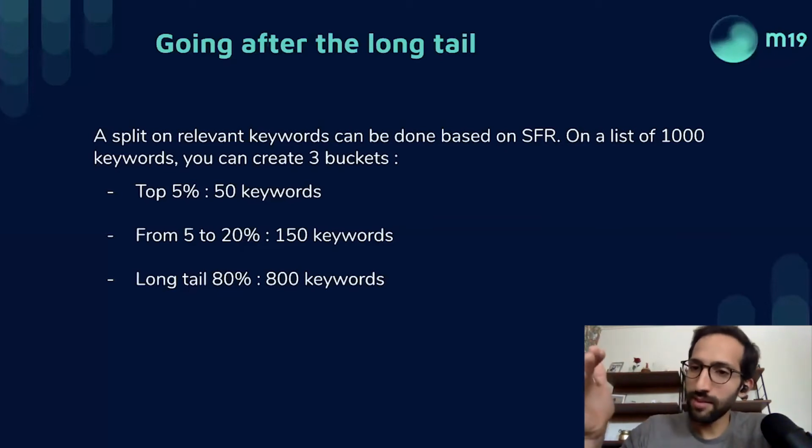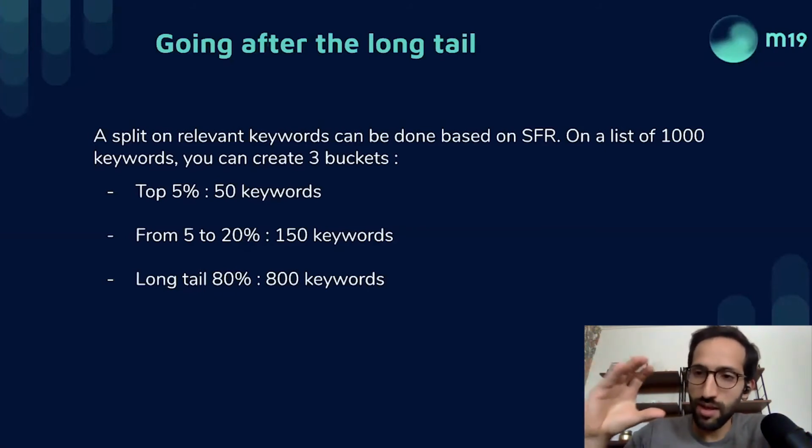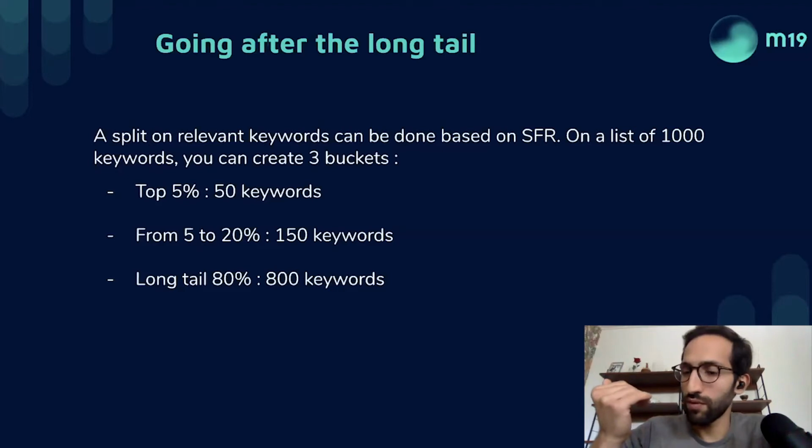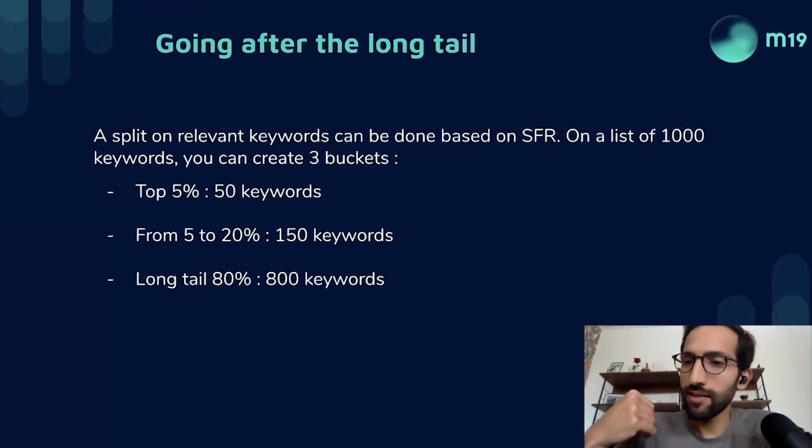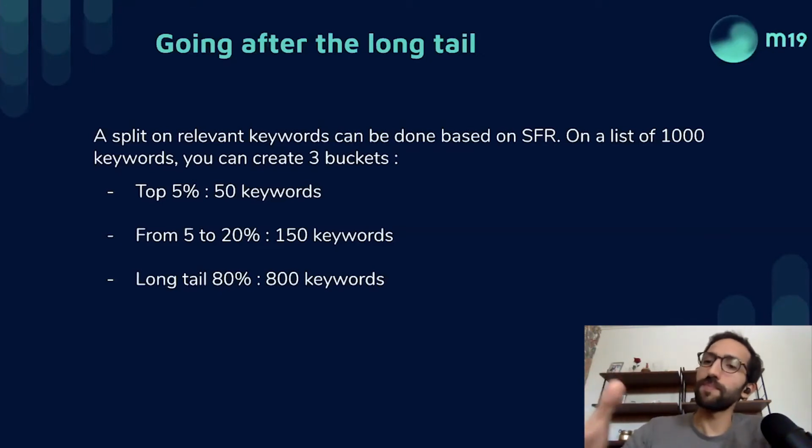Then you split in 3 the list that is sorted by search frequency rank, and you isolate the top 5%. These ones, you just remove them. Then you have the 5 to 20% quantile keywords. If we have an input list of 1,000 keywords, you will end up getting 150 keywords. And the real long tail, which is way cheaper than the rest, is these 800 keywords that you will take and put in an exact campaign.